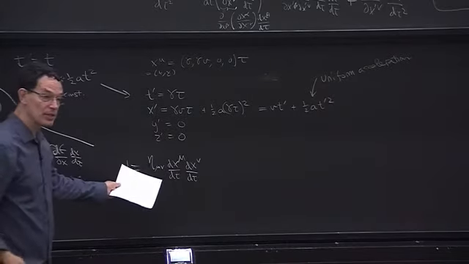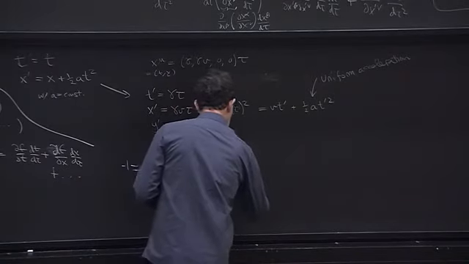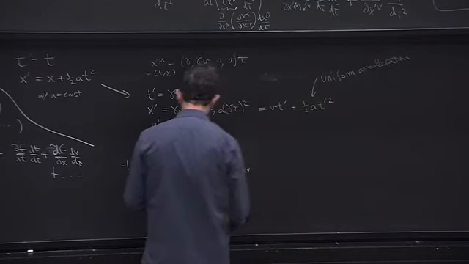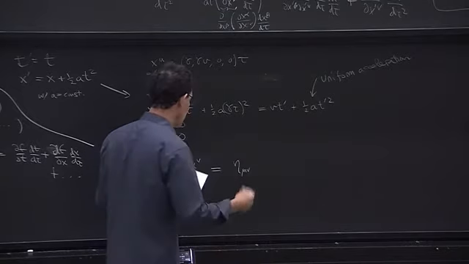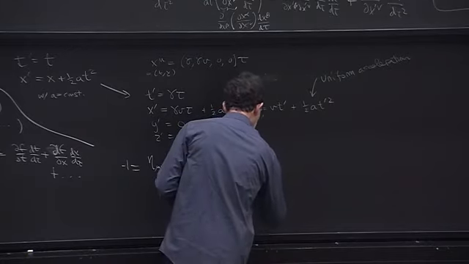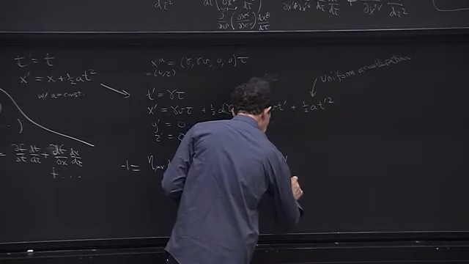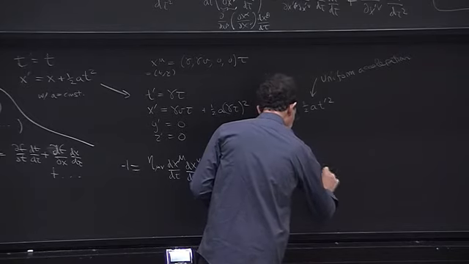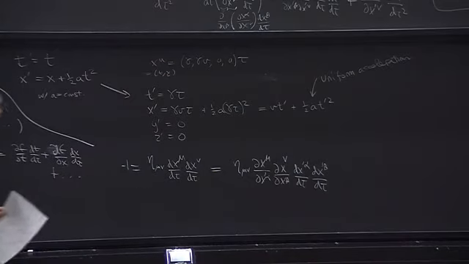Let's now interpret this equation in the new coordinates. How does it look? Well, all I need to do is express dx^mu/dtau in terms of dx prime/dtau. So this is dx^mu/dx prime alpha, dx^nu/dx prime beta, dx prime alpha/dtau, dx prime beta/dtau.